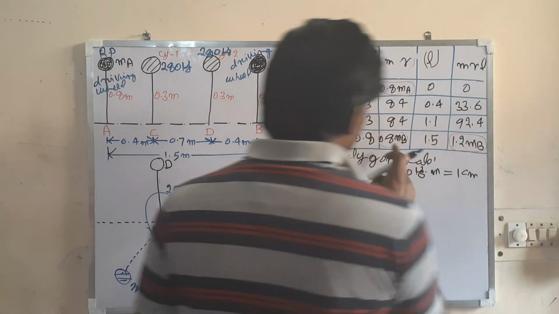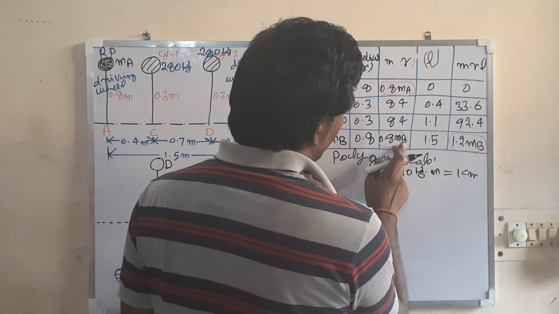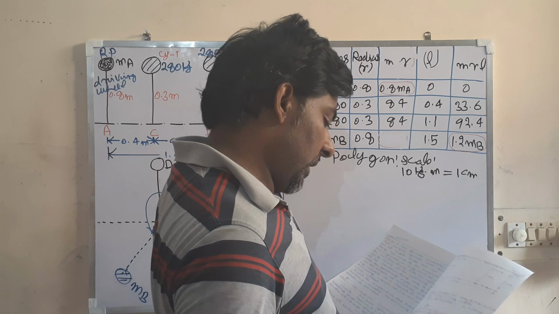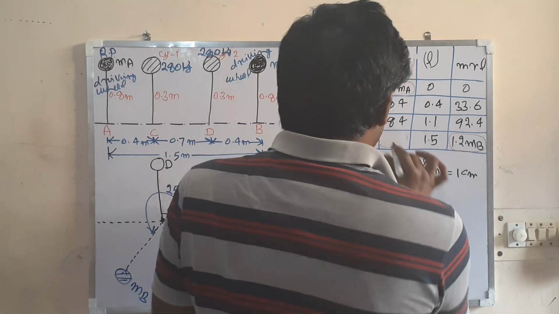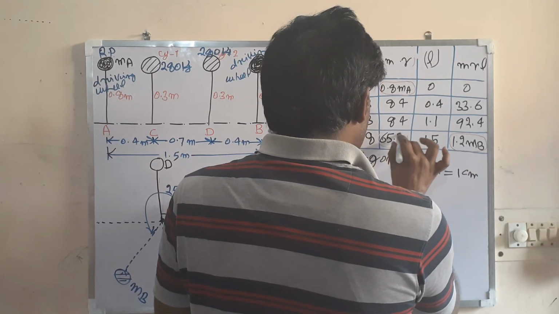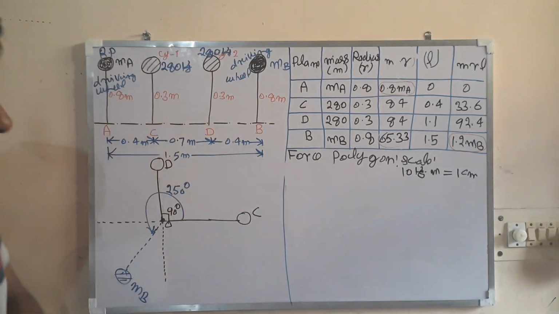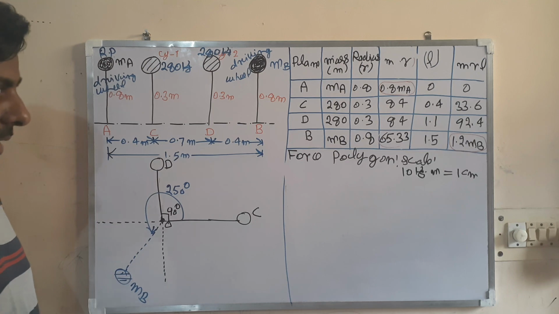When you multiply by 0.8 into 81.66, you get 65.33. Okay, let us draw.